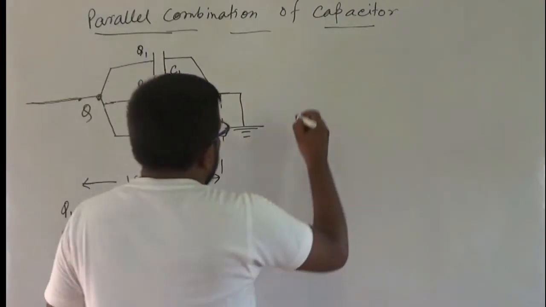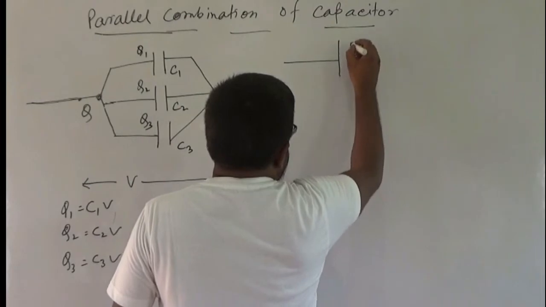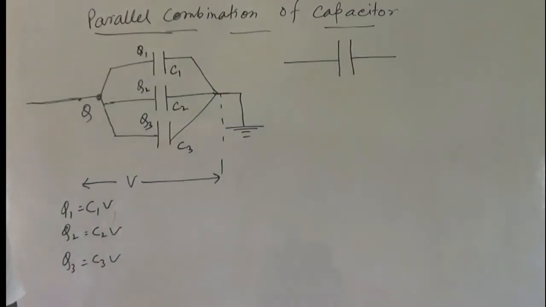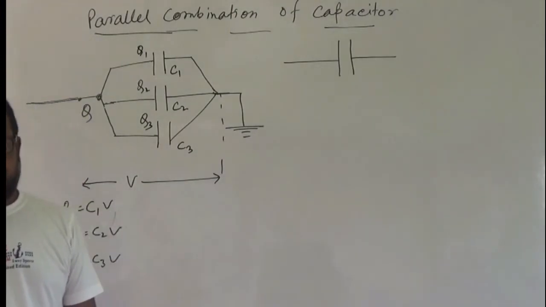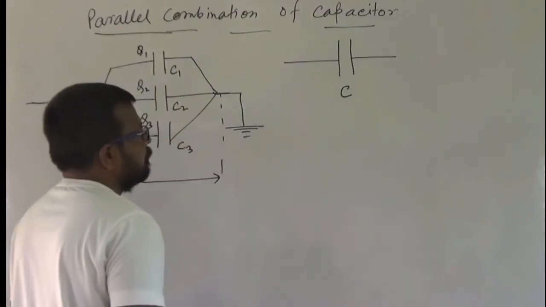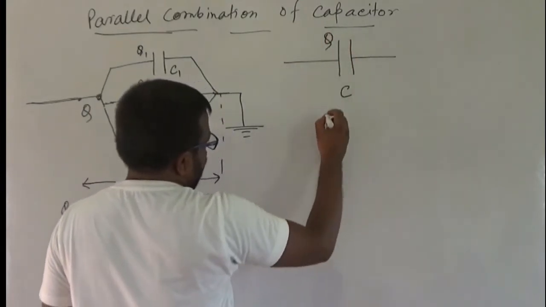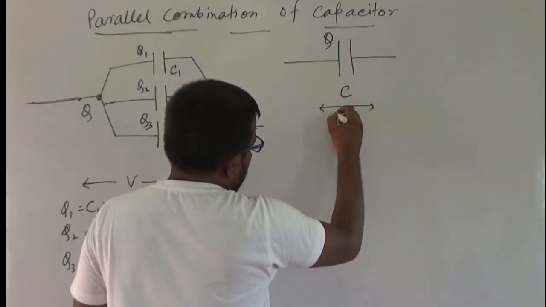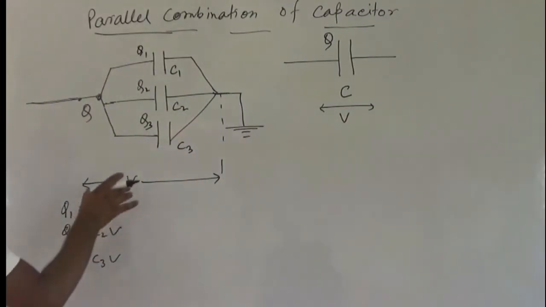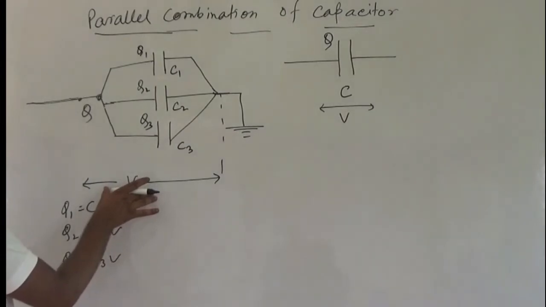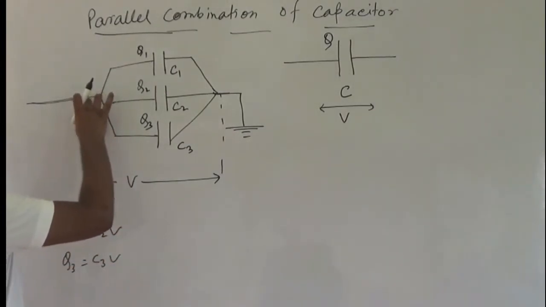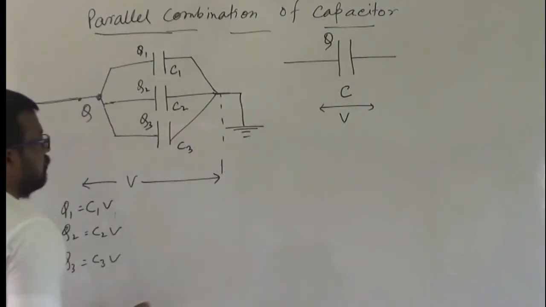Now if we replace the combination of three capacitors by a single capacitor of capacitance C, of charge Q, and with the potential difference across the two plates V. That is the same potential difference as the combination, and the same charge as the combination.